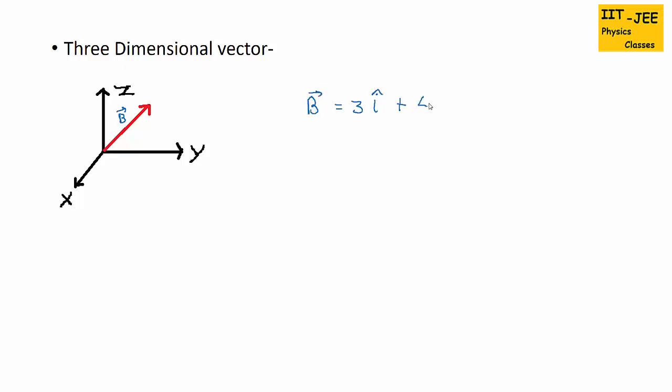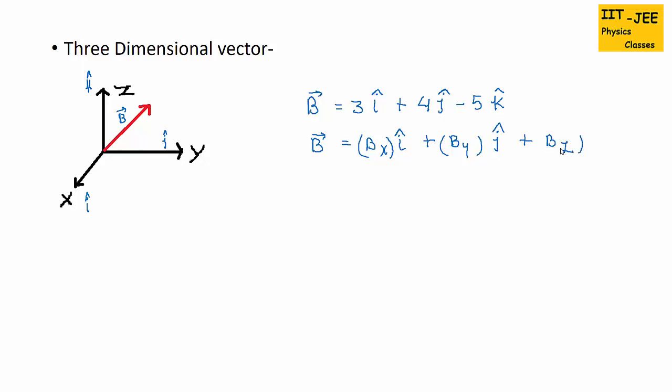Suppose there is a three-dimensional vector B, and B equals 3i cap plus 4j cap minus 5k. Here is an extra term, which is k. K is the third dimension, which is along the z-axis. In three dimensions we write the vector as bx i cap plus by j cap plus bz k cap, where bx is the x component of vector B, by is the y component, and bz is the z component.